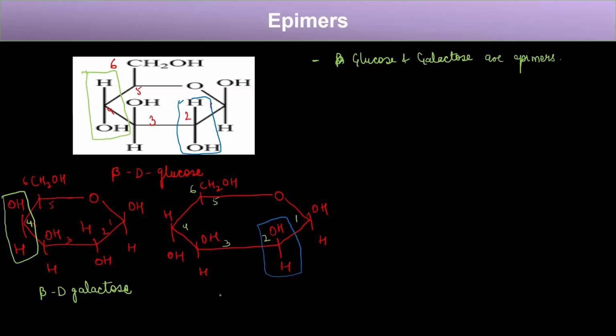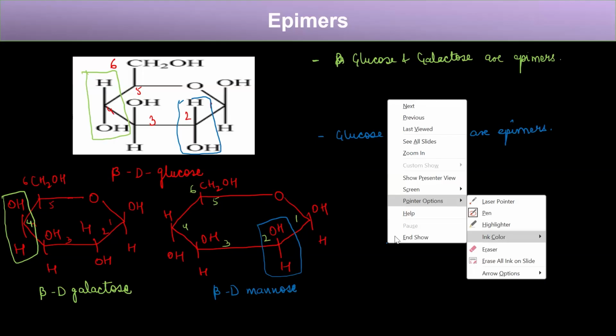And this structure is known as beta D mannose. Okay, and it has a difference at a certain carbon position, and it is also said that glucose and mannose are epimers.